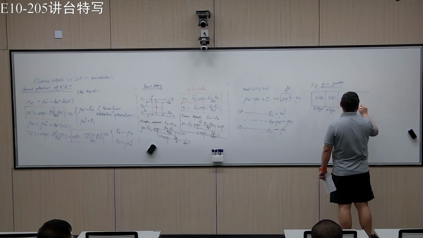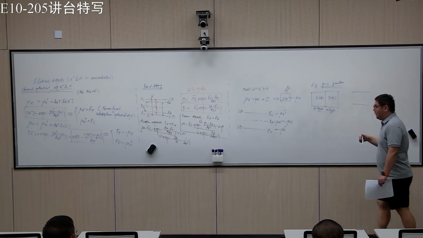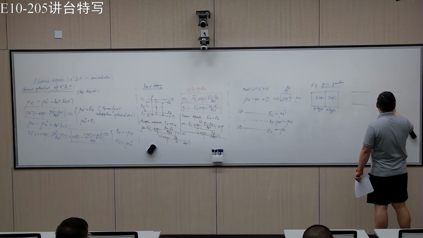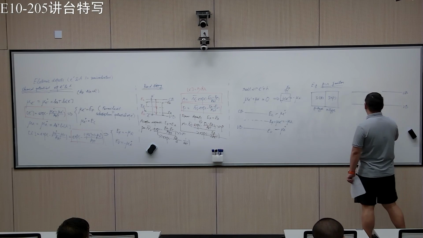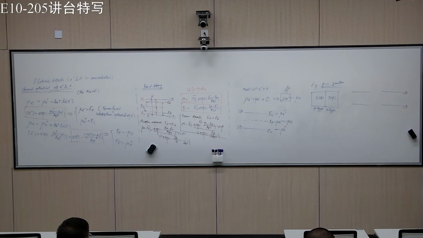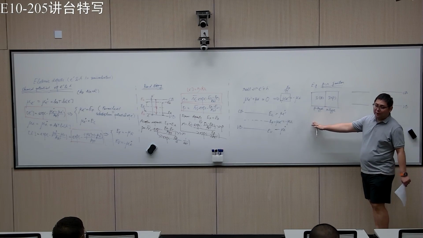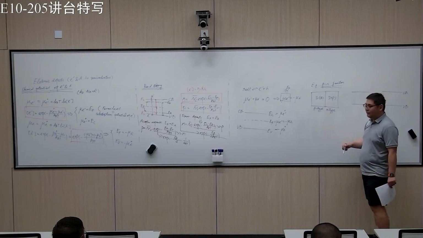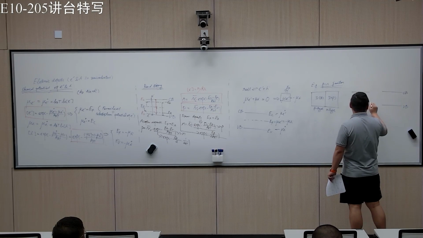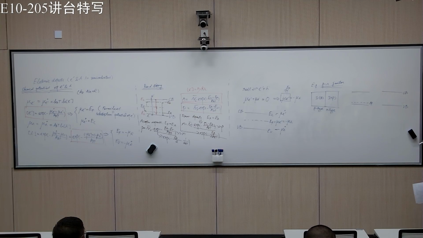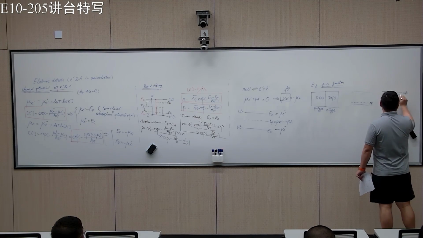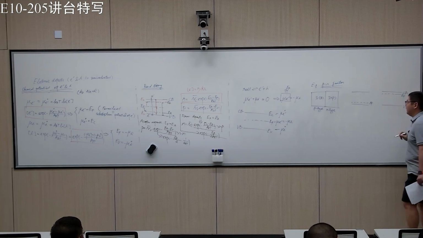Since they are both silicon, their conduction band and valence band should be the same. However, they are doped differently, right? For p-type, we have more holes than electrons, so the Fermi level is pretty close to the valence band. For n-type, it's up here because we have more electrons than holes.